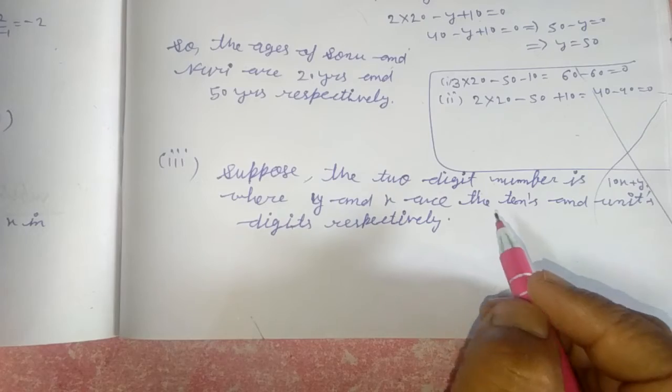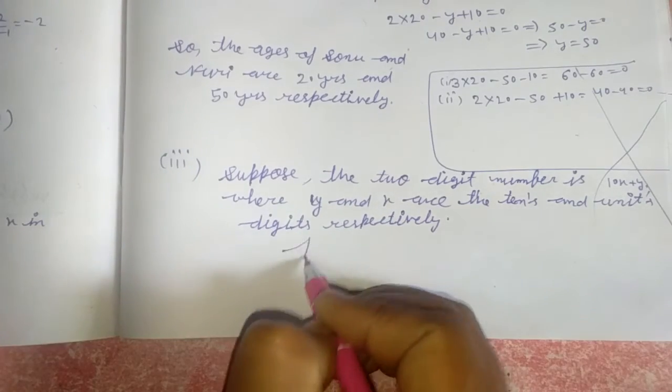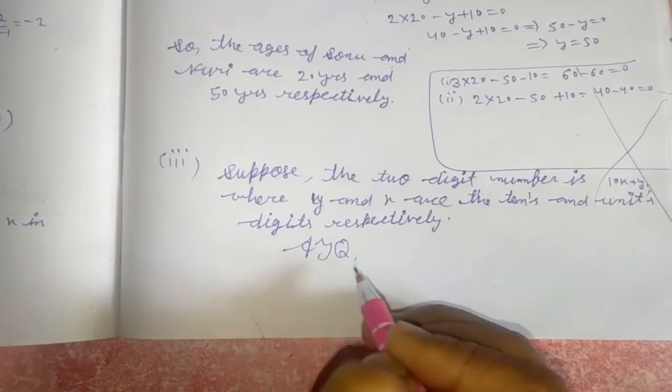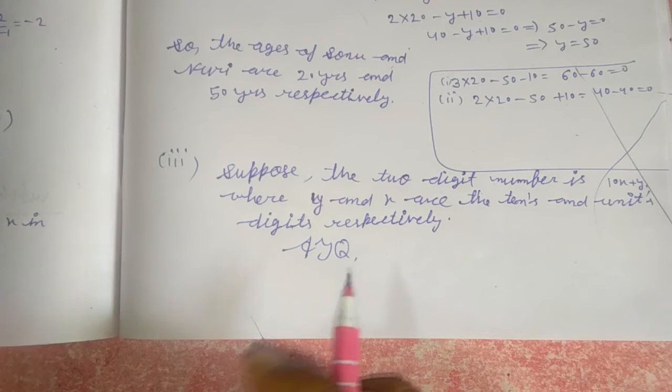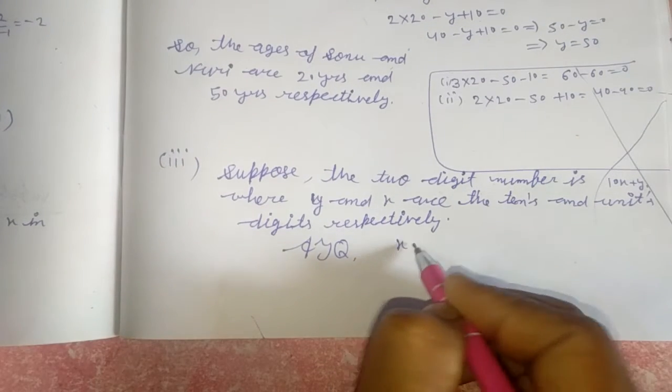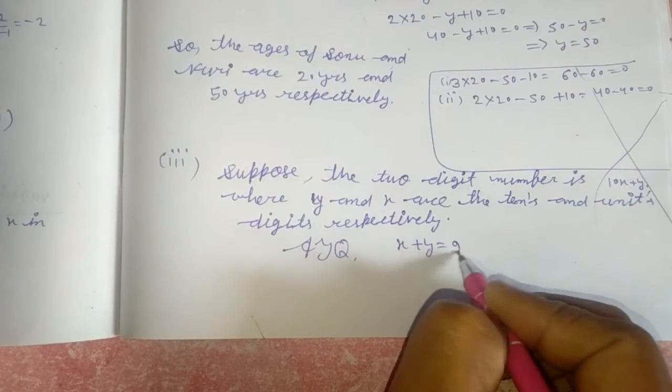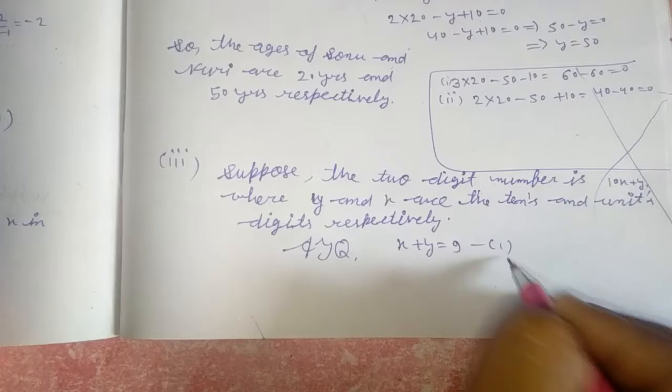Okay, so we write here according to the question. The question says that the sum of the digits of a two-digit number is 9, means x plus y is equal to 9. Suppose it is equation 1.